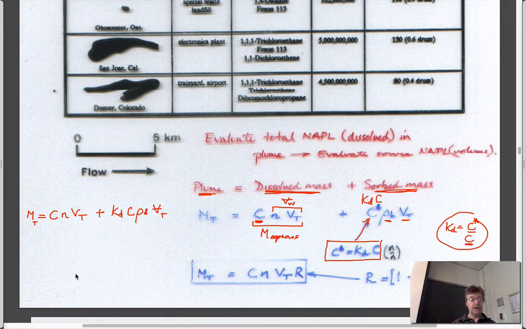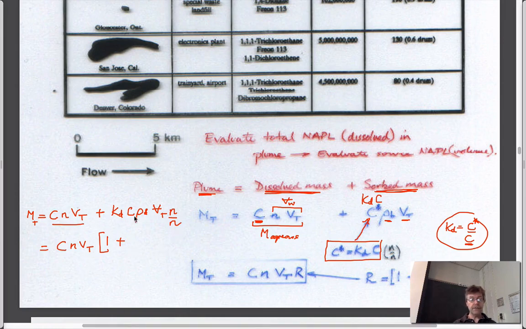And this is equal to our total mass. And I'm guessing that this ends up being, we can just partition it. Concentration, porosity, volume of the aquifer. That's what this term is here. That's 1. Plus concentration. What else do we need to do? I guess we could multiply both top and bottom by porosity.